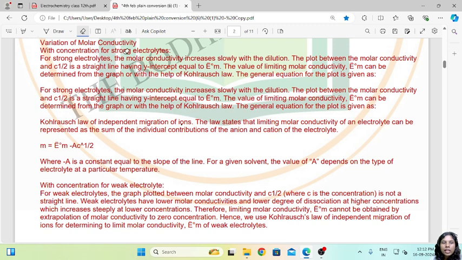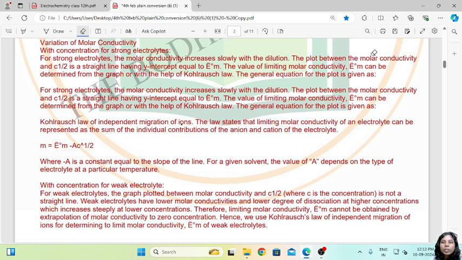For strong electrolytes, the molar conductivity increases slowly with dilution. So if we have strong electrolytes present in the solution, then the molar conductivity will increase with dilution. When we say dilution, what does it mean? That we are increasing the volume of the solution.